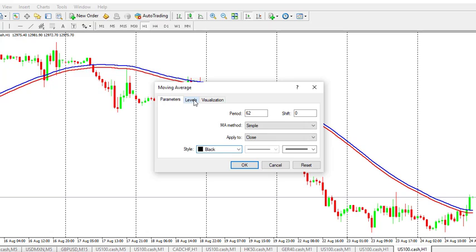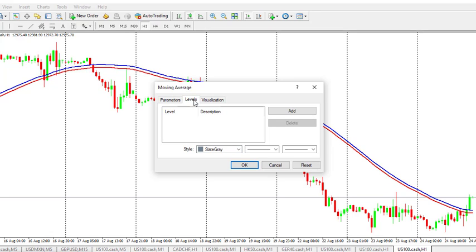Then the levels, we are going to add levels on this particular MA, and the first level I'm going to add is 30. Once you add, I just click on the add button again. The next one is minus 30, then click add again.